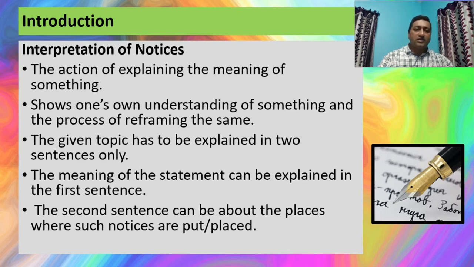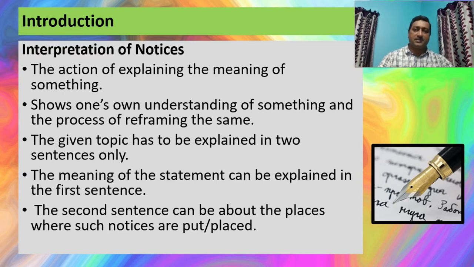But in this context, it is an act of explaining the meaning of a topic given to you. The given topic has to be explained in not more than three sentences, two to three sentences only.